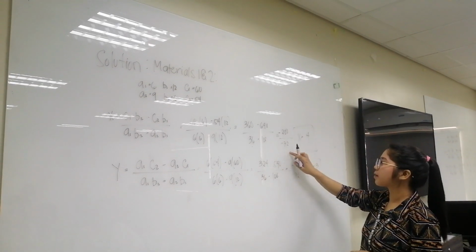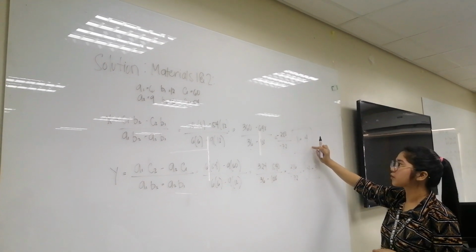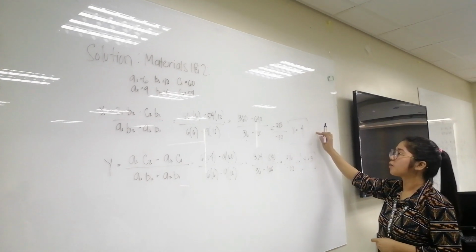So negative 288 over negative 72 is equal to 4. So the answer is x equals 4.